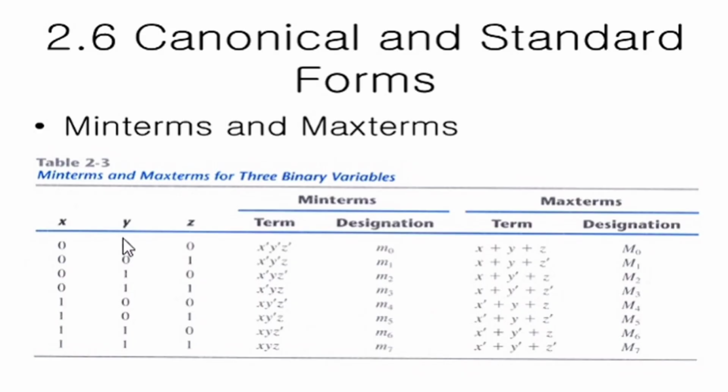So here it is a 3-variable one, so if you take a product term, it should have all the 3 variables, either in complemented or uncomplemented form.